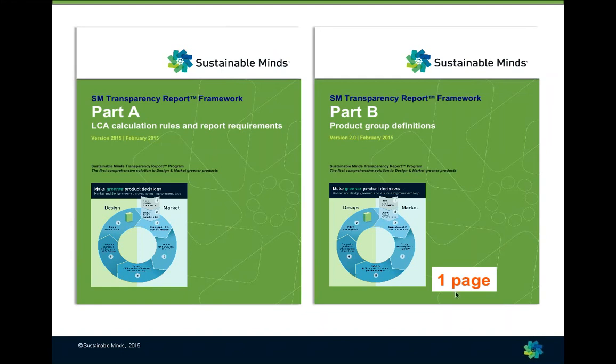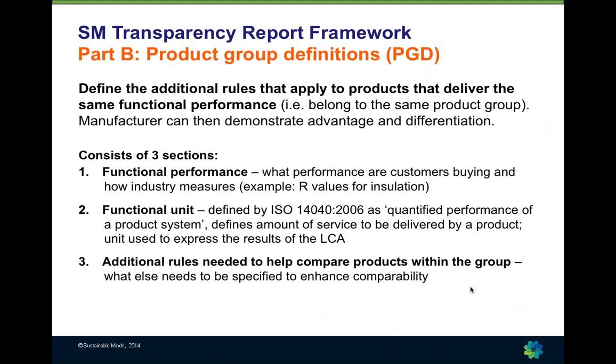Our Part B is one page, and it only includes information that manufacturers would be qualified to create, with a little bit of an exception. Need some help with the functional unit. But when the Part B is performance-based, and when we talk about performance, we mean functional performance.